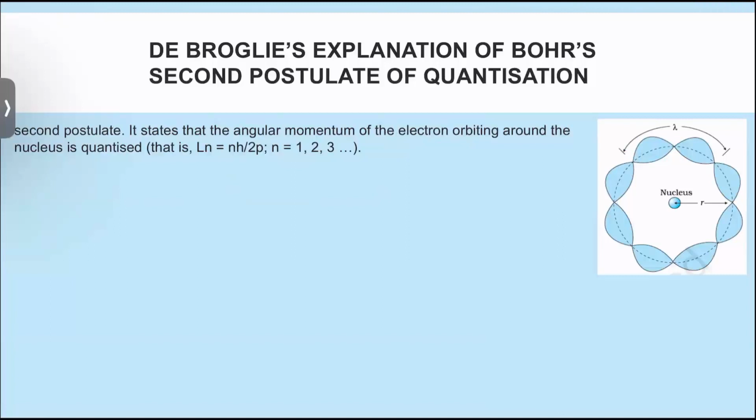The second postulate of Bohr's model stated that the electrons orbit around the nucleus in orbits which have the angular momentum Ln equals nh/2π, where n can be 1, 2, 3, and so on. So we know this. Why are we considering the angular momentum to have only those values which are integral multiples? This was what was explained by Louis de Broglie.